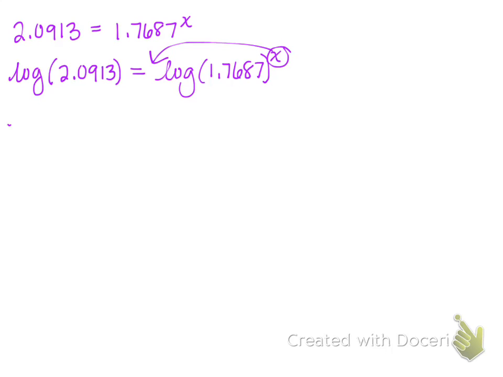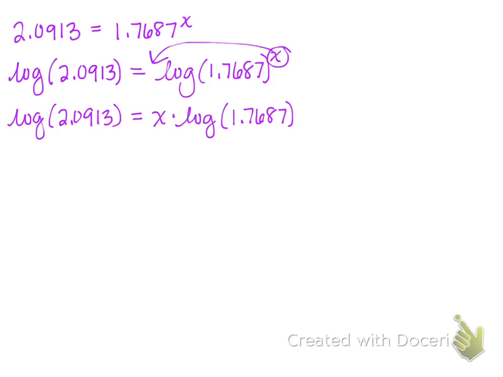So I haven't changed the left-hand side. And now I'm going to have x times log of 1.7687. Now the last thing we have to do to get x by itself is divide both sides by log of 1.7687.